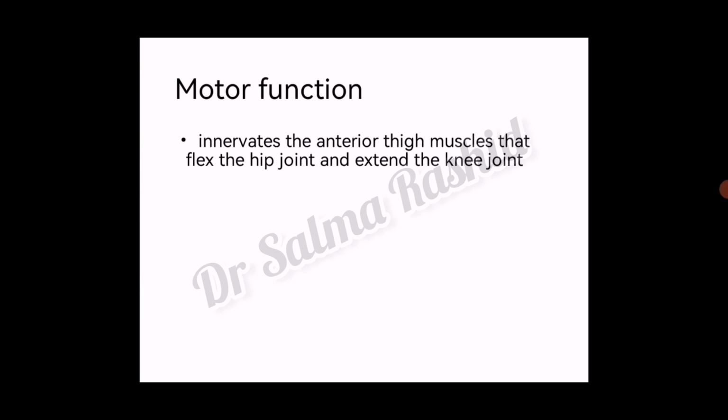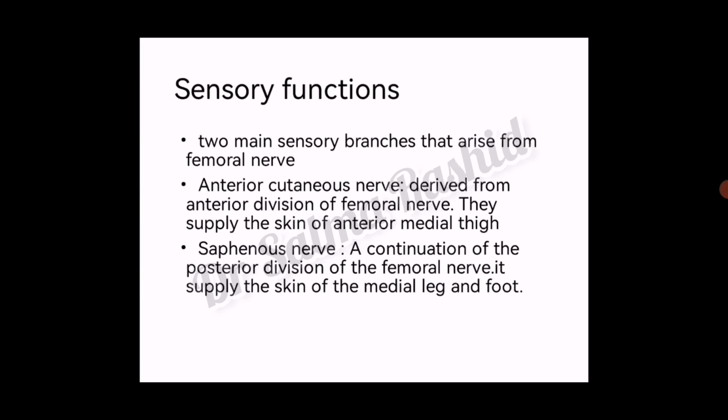Now come to the function of the femoral nerve. It innervates the anterior thigh muscles that flex the hip joint and extend the knee joint. Sensory functions: two main sensory branches arise from femoral nerve. One is anterior cutaneous nerve, derived from the anterior division of the femoral nerve.